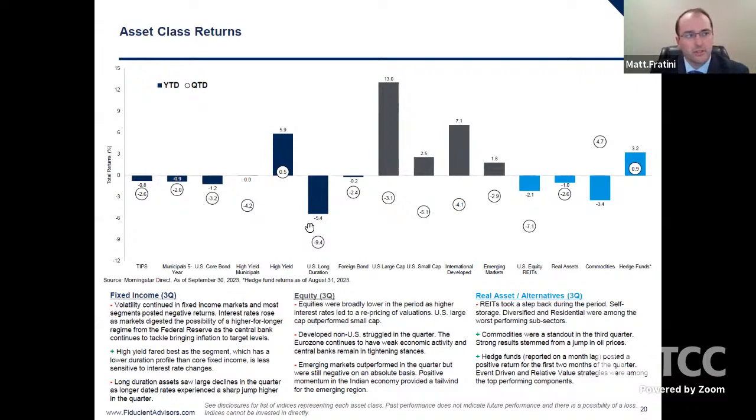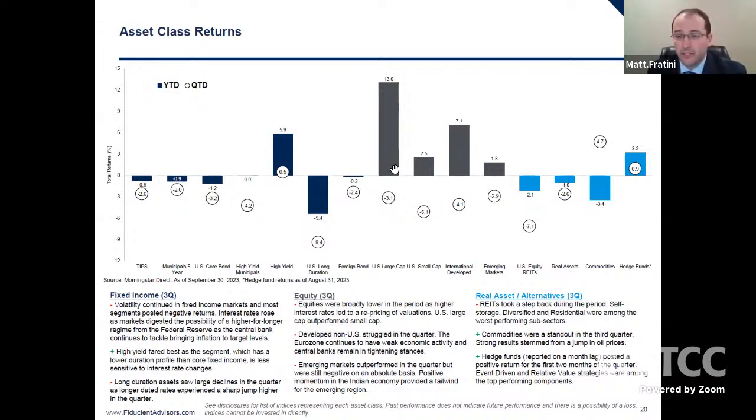But as we transition to the middle half of the page here, this is the equity front. You can see for the quarter, negative across the board, but on a year-to-date basis through September 30th, positive, really being led by domestic large cap.